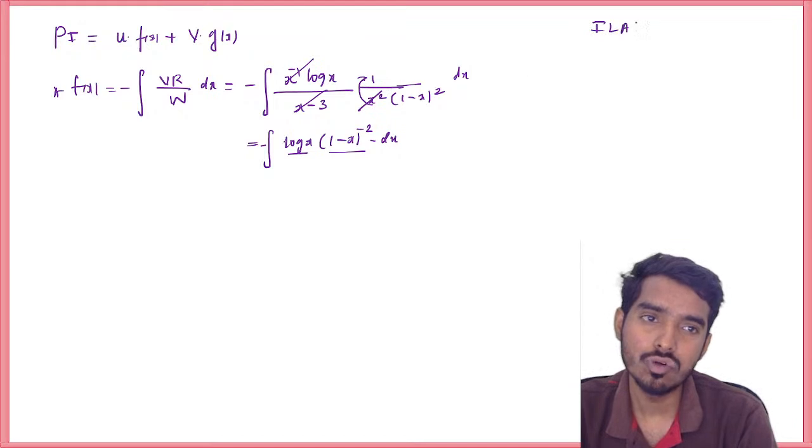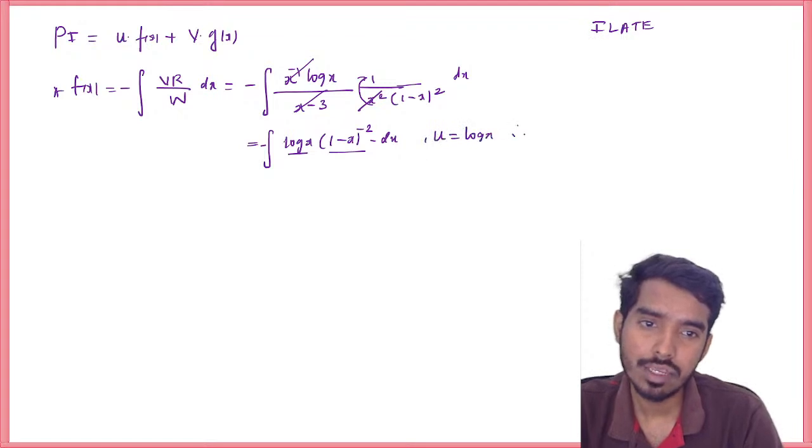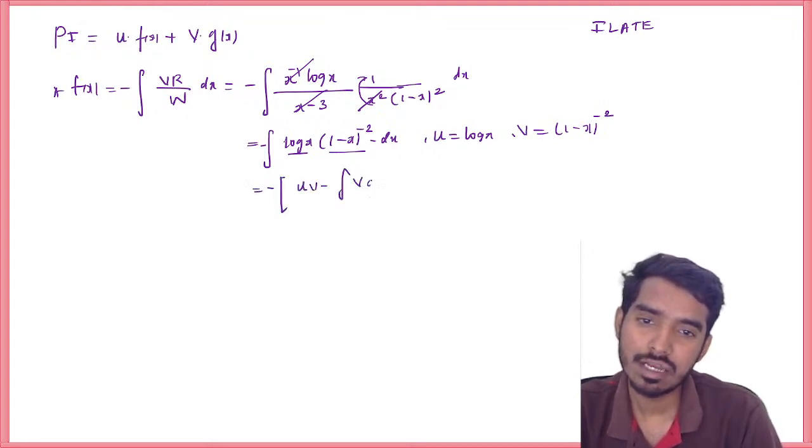We need to choose u in this order, right? We already explained. U to be log x, and dv to be 1 minus x whole power minus 2, minus integration of v du. U is log x, so what is dv, right? Now what is v? Integrate this.